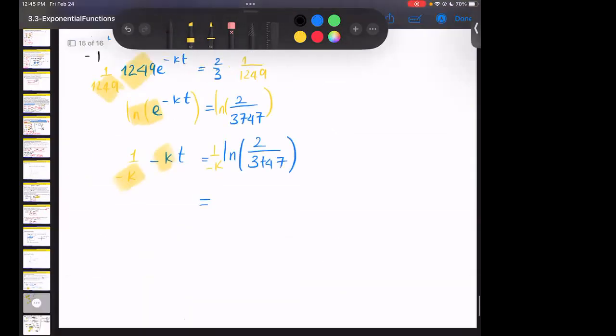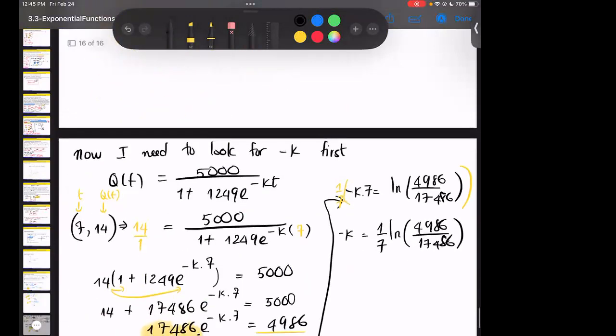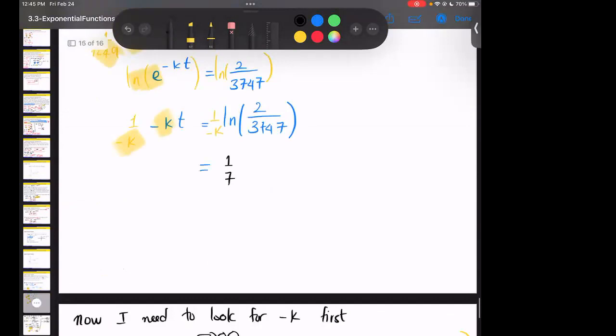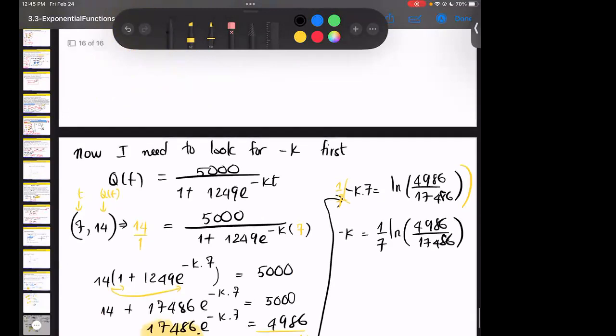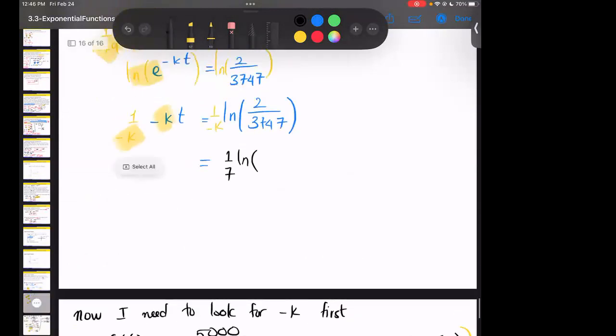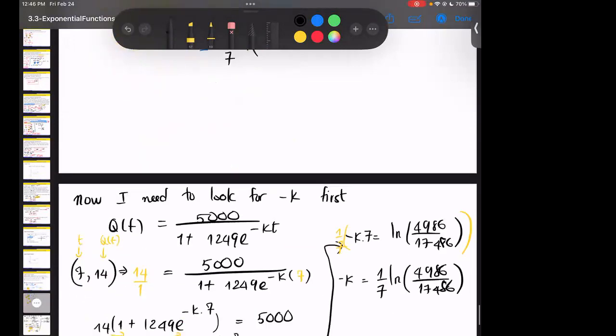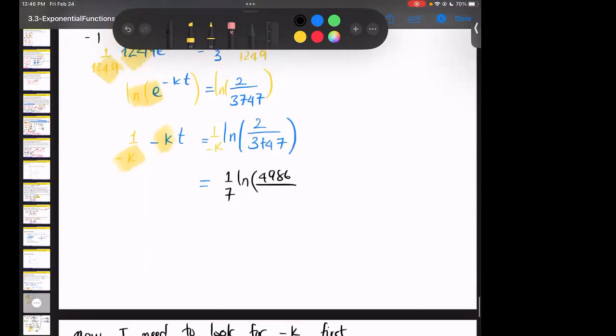ln, I write the negative k in black: 4986, and then 17486. Remember, this is negative k.